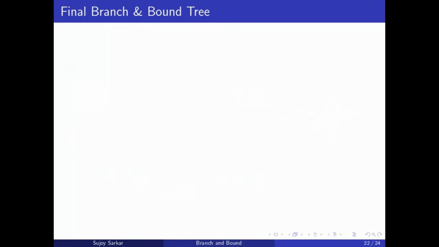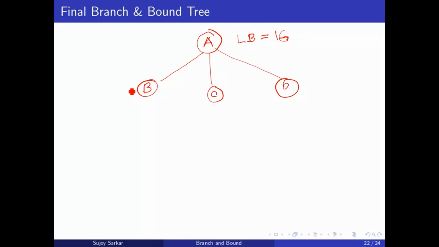So let me draw the tree. We started with A. What was the lower bound? We calculated 16. Then from A we had 3 options, B, C or D. For every node, what was the lower bound?